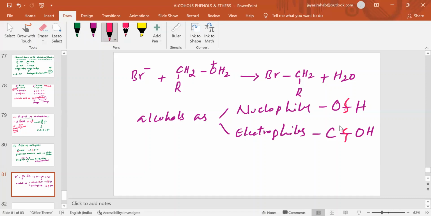So basically what we will do here is classify the chemical reactions based on the cleavage of the OH bond, that's one, and second category, cleavage of the CO bond, right?